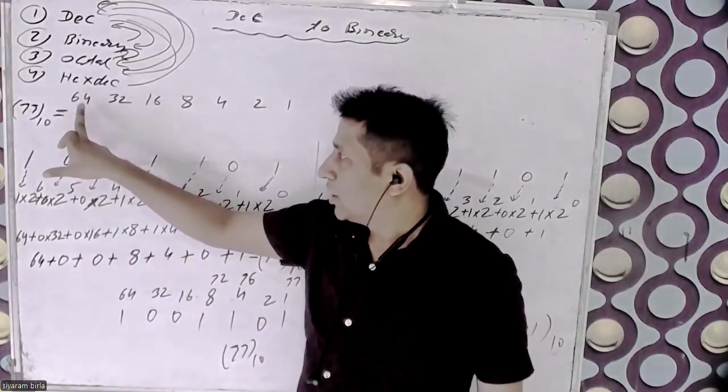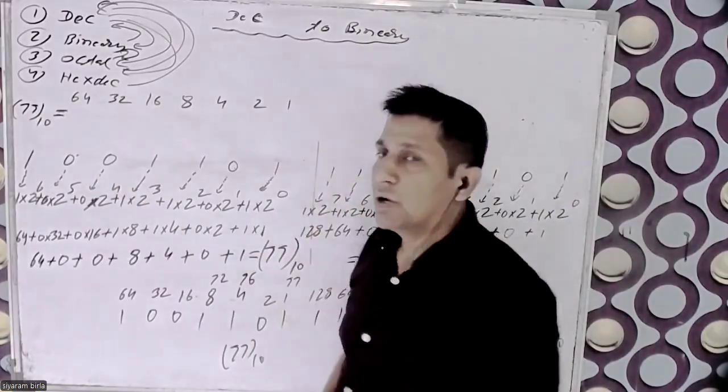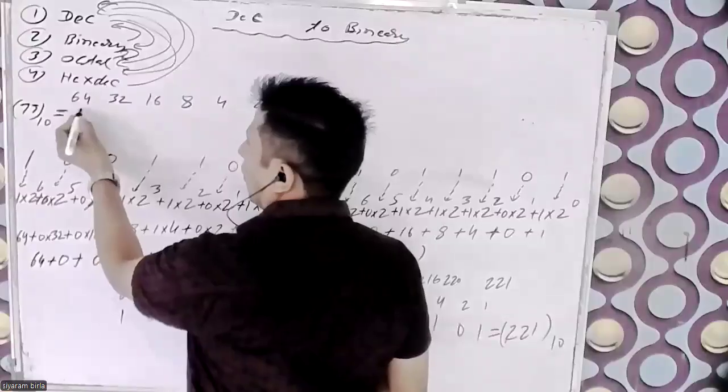Let me give an example. This is the 64. It is below 77, so I can make this a 1.